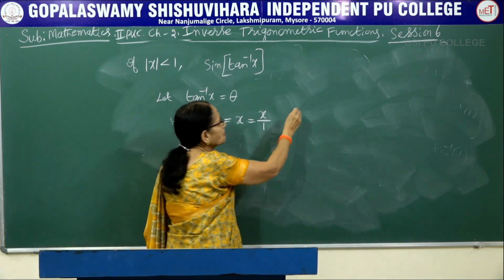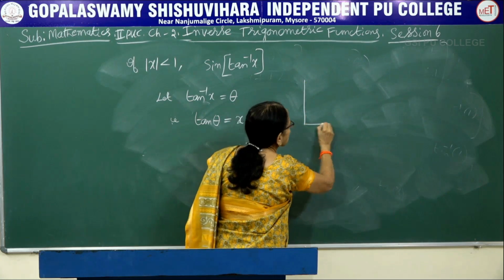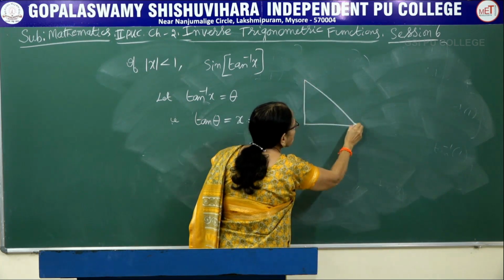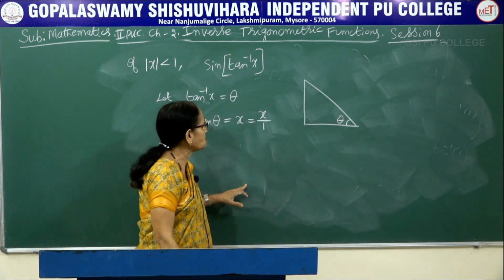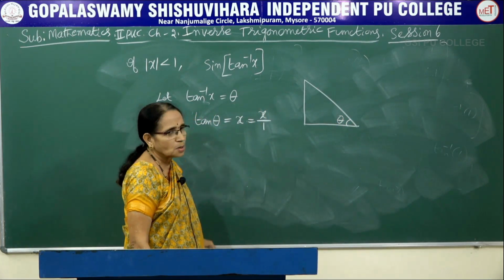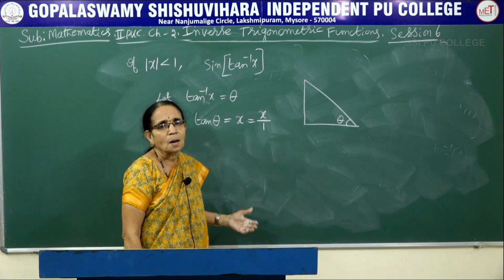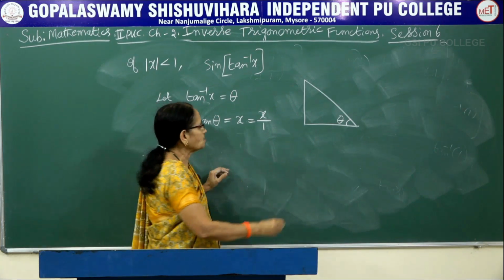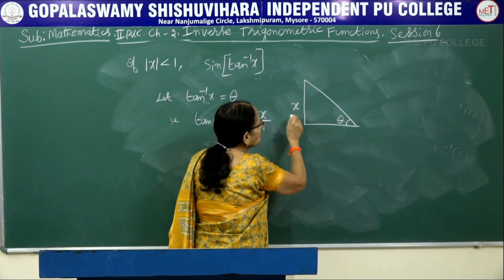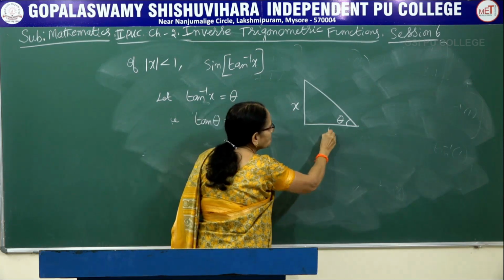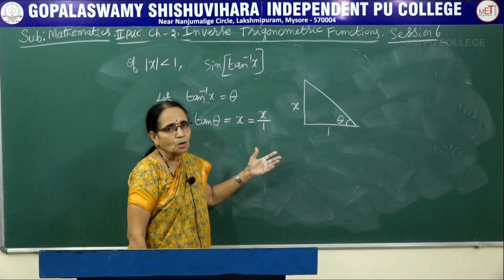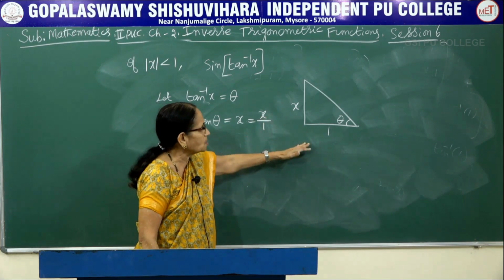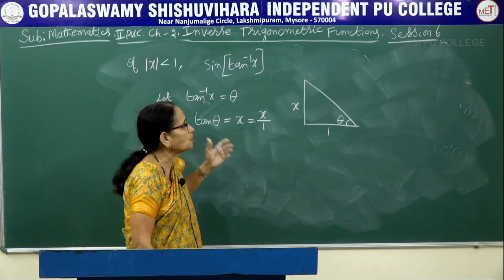Now let me write a right angle triangle, because all the trigonometric ratios we have defined using a right angle triangle. Tan theta is equal to x. How do you define tan theta? Opposite over the adjacent side. So x is opposite, 1 is the adjacent side for the angle theta. Using the Pythagoras theorem, see the two sides are given, you have to get the value of the hypotenuse.